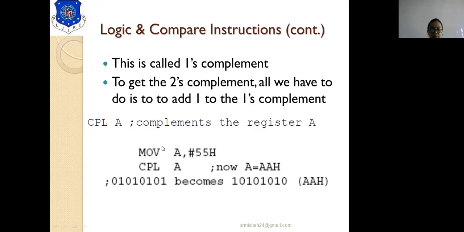CPL A, so whatever data is present in the accumulator will be complemented, and A data will be AA. 0 1 0 1 0 1 0 1 will now become 1 0 1 0 1 0 1 0. So simply the CPL instruction will complement the data of register A. It will perform ones complement of whatever data is present in register A.